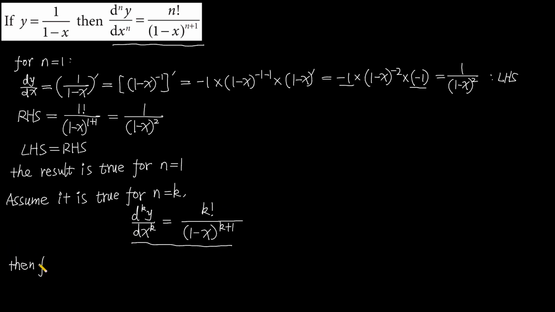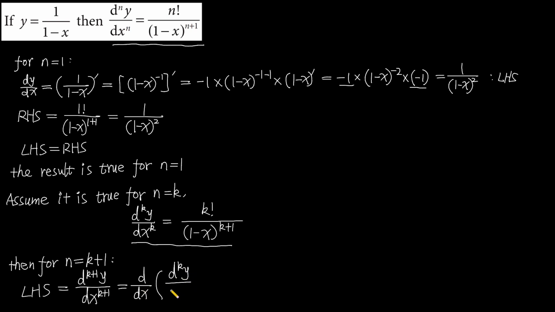Then for n equals k plus 1, we have the left-hand side equals the derivative d^(k+1) y over dx^(k+1). This equals d/dx of d^k y over dx^k.